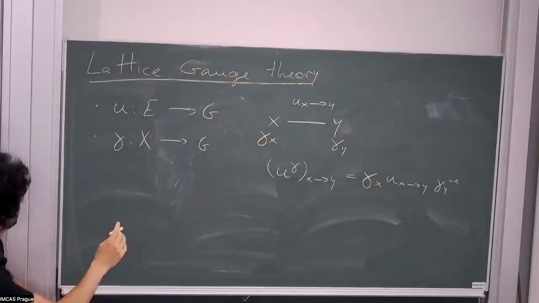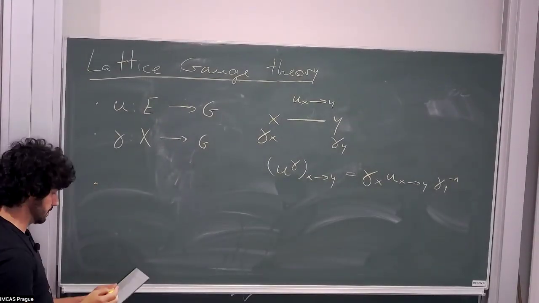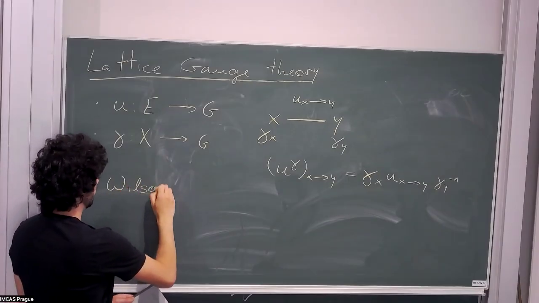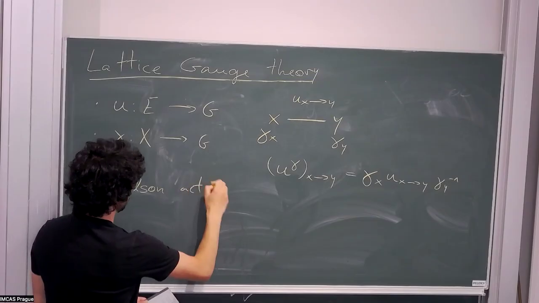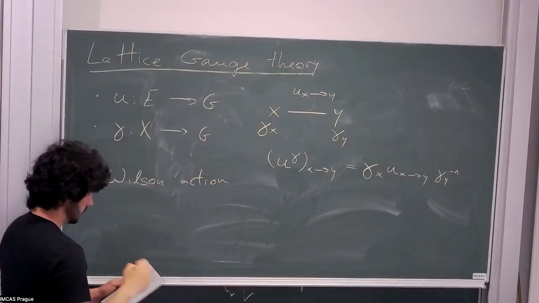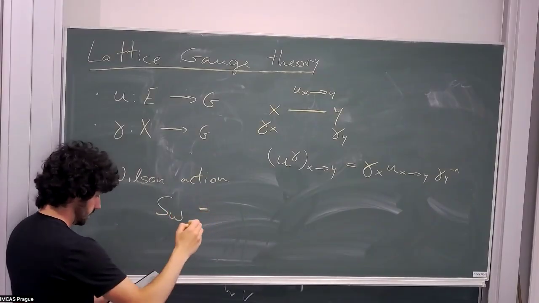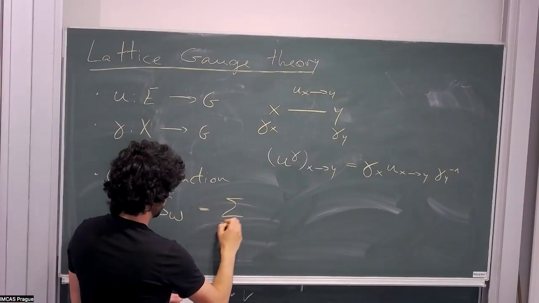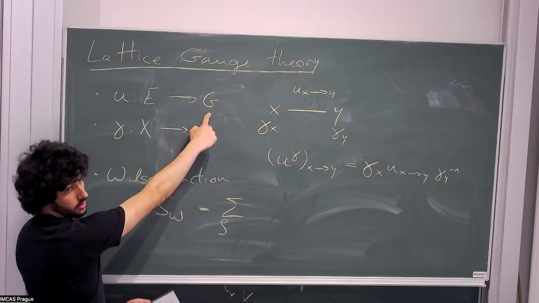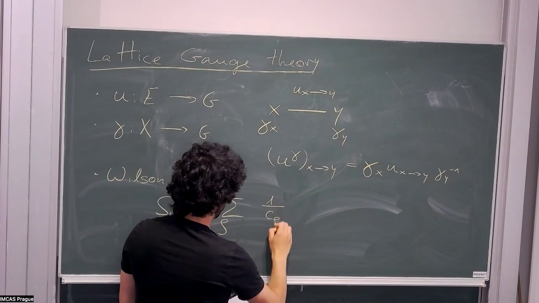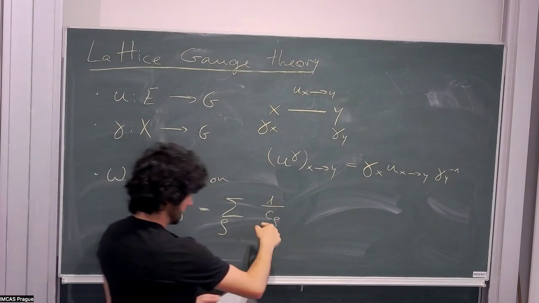And having this, you can then define an action. This is what is called the Wilson action, which is given by summing over all the irreducible representations of this group. Then you have, again, the couplings.